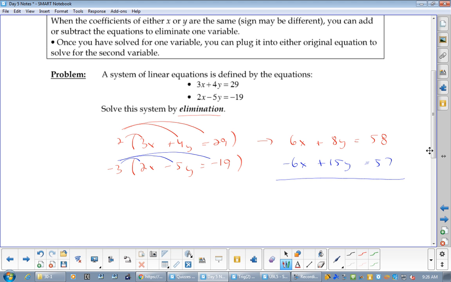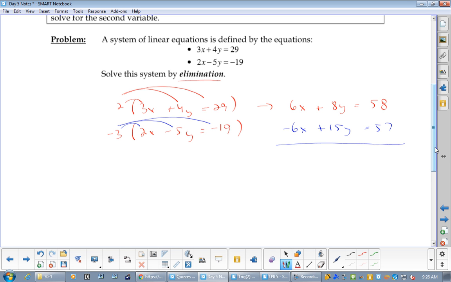So I'm going to try to teach you to add. It does work better. Okay? Now, if I added the two lines together, do you see how I get 0x? 8 plus 15, 23y equals 115.